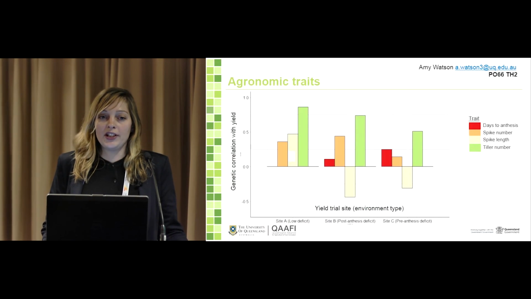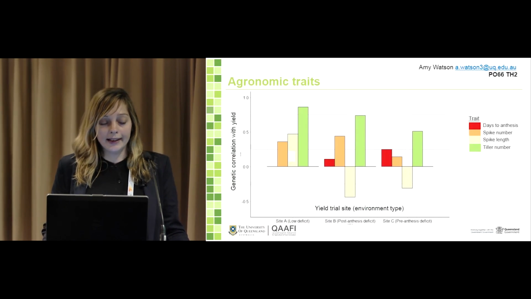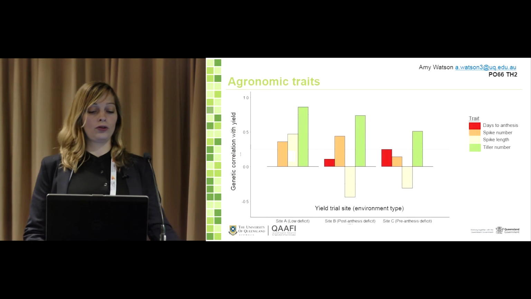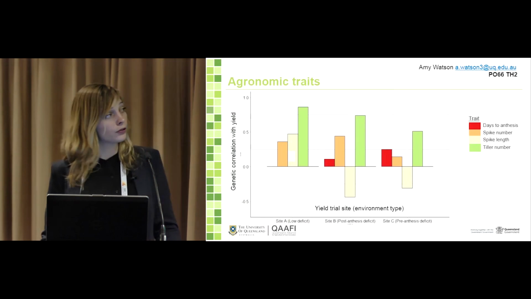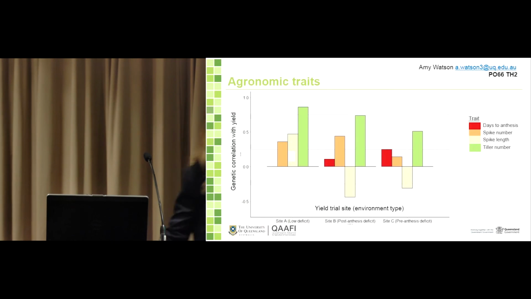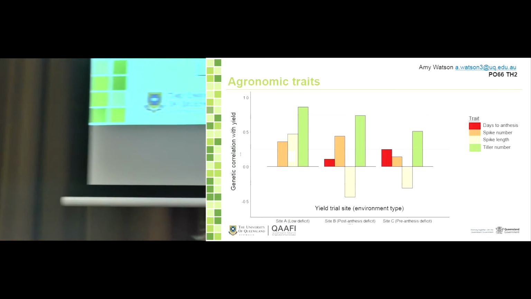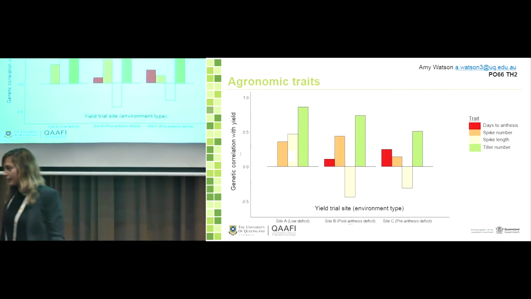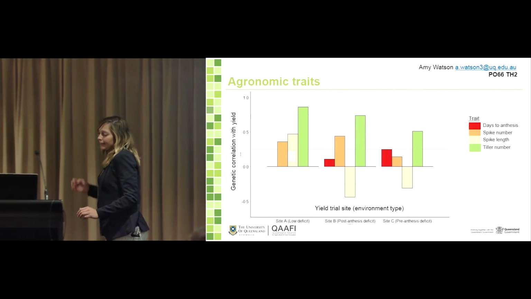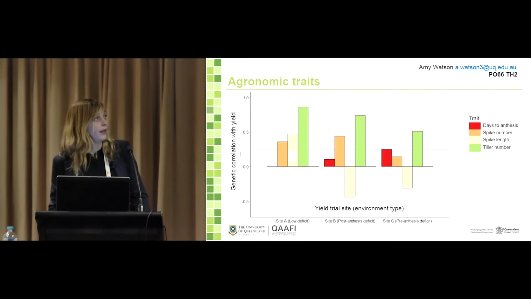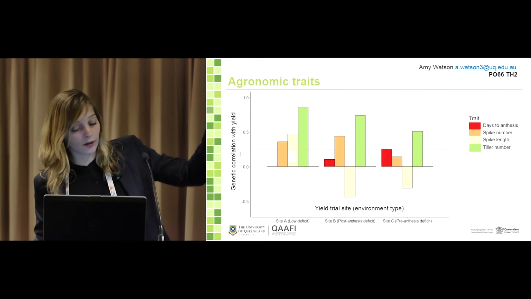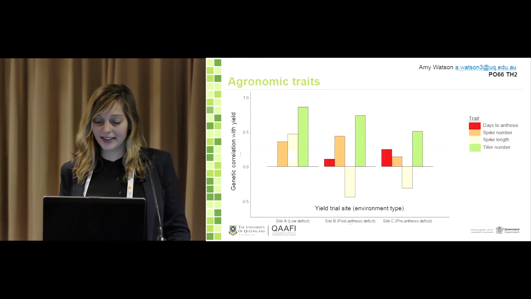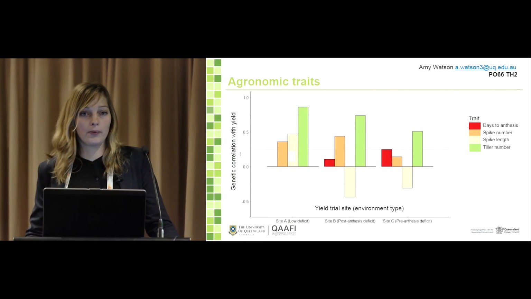And then she calculated the genetic correlation with the yield. She had three different environments, one with a low deficit, one with a post-anthesis deficit, and one with a pre-anthesis deficit. She calculated the genetic correlation with the yield for different traits, listed on the right: days to anthesis, spike number, spike length, and tiller number.